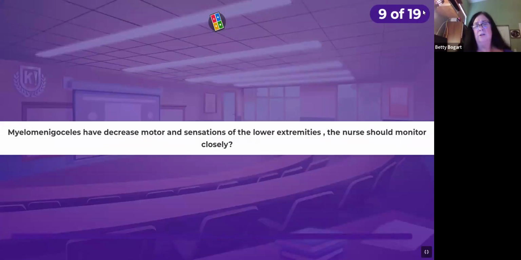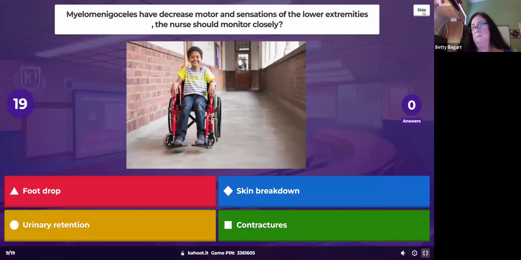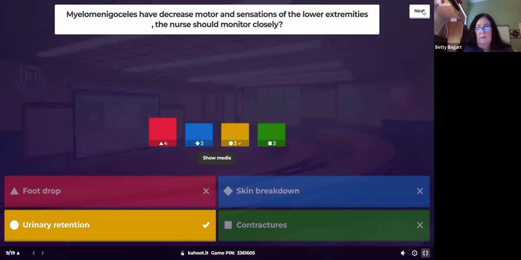The nurse should monitor closely what? So the big thing that we're concerned about with that decreased sensation in the lower extremities is number one, urinary retention, and also the bowels.